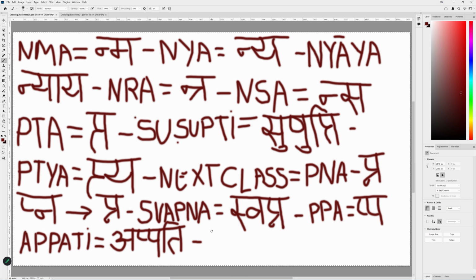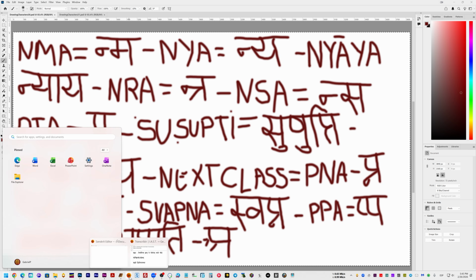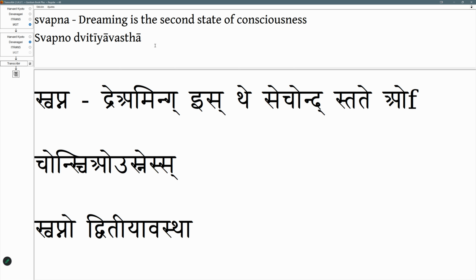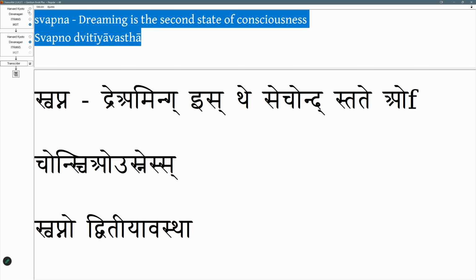In the northern style, A is like this. Yes, strange A. It's very strange. This is northern style. Now I have in Sanskrit Editor a northern style font.